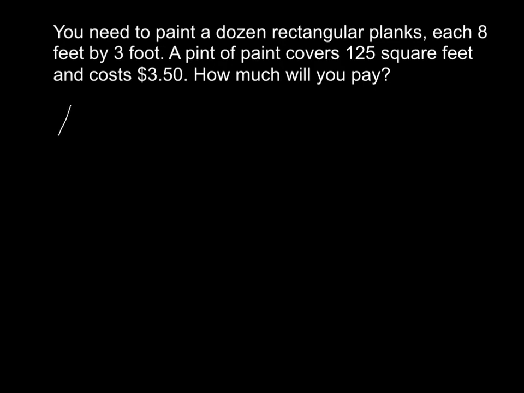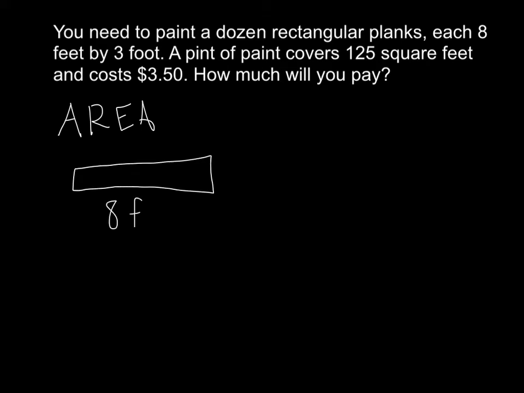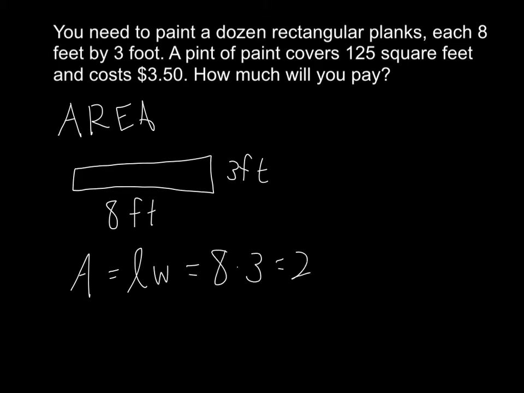First step, we've got to find area. If I just sketch something here, what I've got is 8 feet here by 3 feet here. So area is going to be length times width, or 8 times 3, that's 24. But I have to pay careful attention to how many of these planks I have. We've got a dozen of these planks.